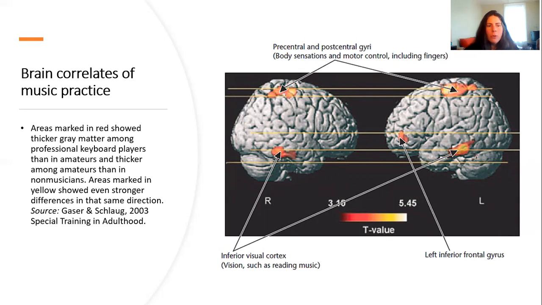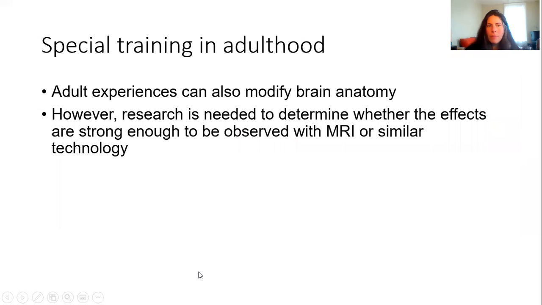Areas marked in yellow showed even stronger differences in the same direction. Adult experiences can also modify brain anatomy. However, research is needed to determine whether the effects are strong enough to be observed with MRI or similar technology.